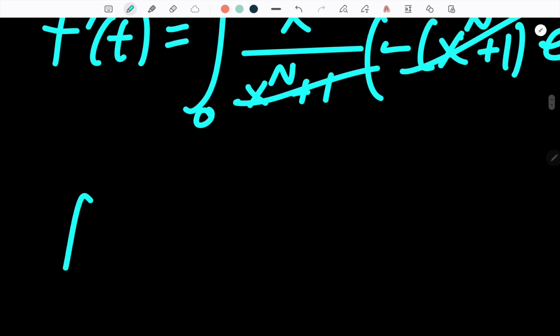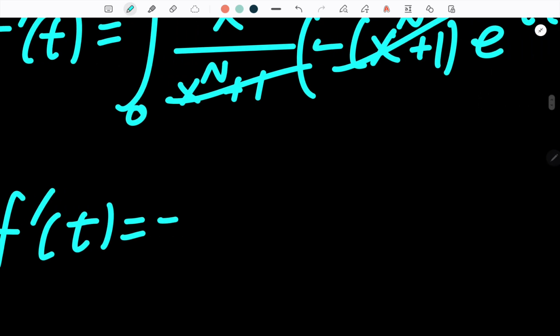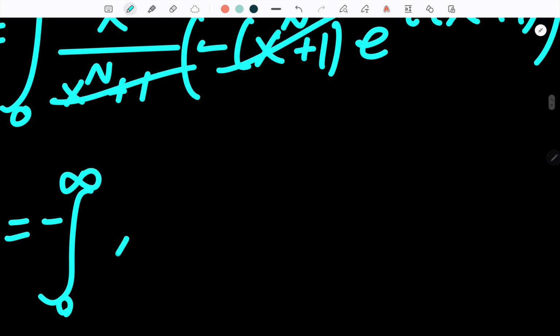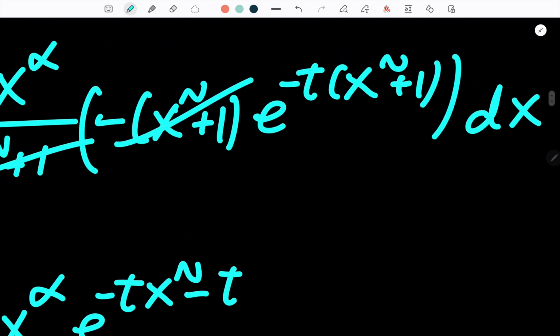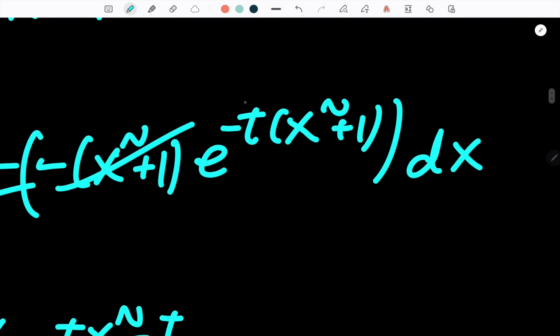So now we have f prime of t is going to be negative the integral from 0 to infinity of x to the alpha times e to the negative t x to the n, and then minus t. Now all I did was multiply out this negative t into the x to the n, and then the 1.